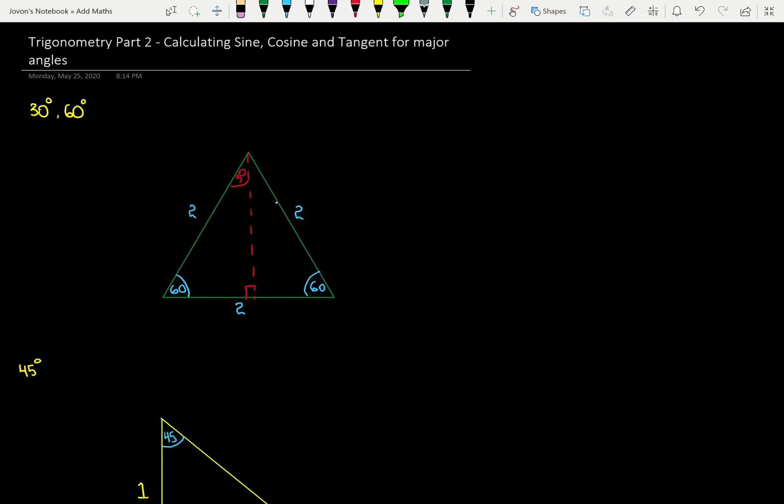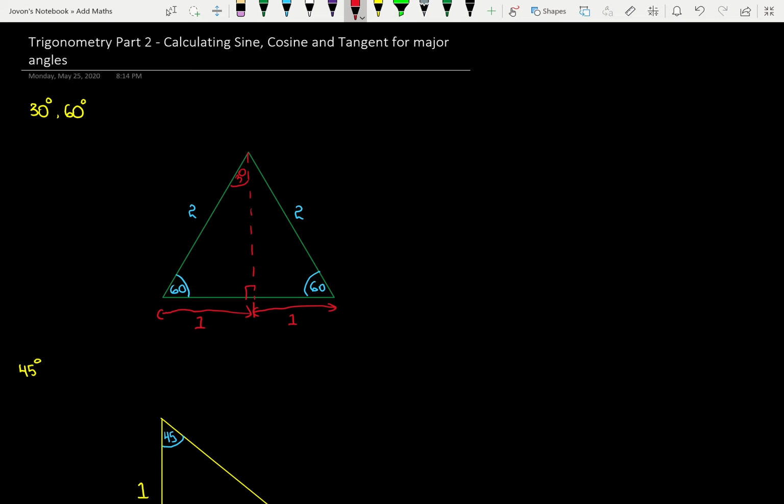And since this base is split directly in the middle, this part is 1, and this part here would also be 1. Now we need to use Pythagoras theorem to find the length of the dotted line we just drew.